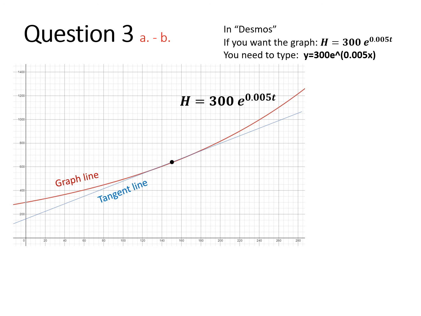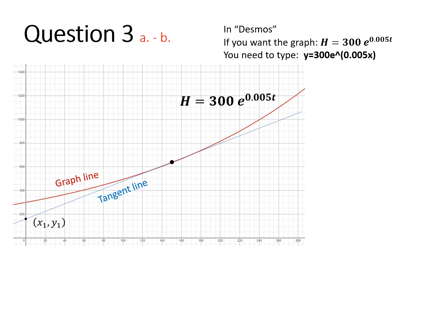That's my tangent line. I need to find the gradient of that tangent line. So to find the gradient of a line on a graph, you pick 2 points. I try and space these out, and I pick 2 points that are actually on the line. My first point is where this tangent line crosses the y-axis.